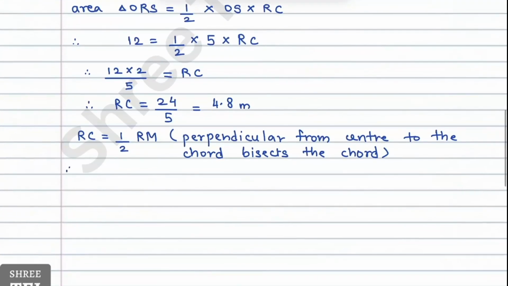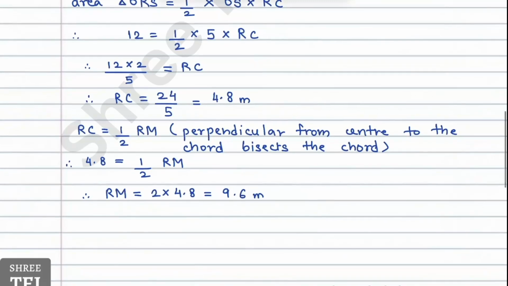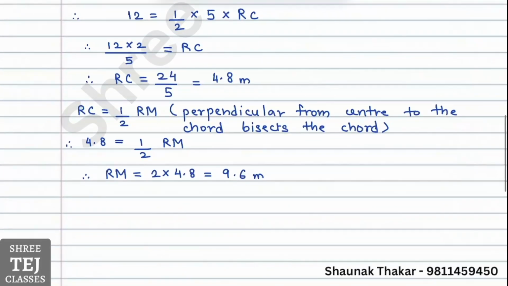Therefore, 4.8 will be equal to half of RM. Therefore, RM will be equal to 2 into 4.8, which is equal to 9.6 meter. So it will be equal to 9.6 meter.